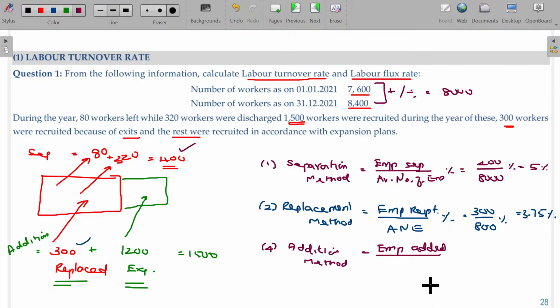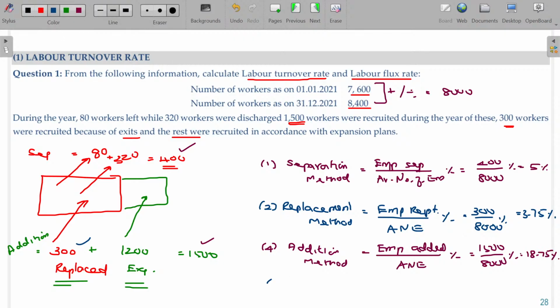Both the employees are going to be added in the numerator divided by average number of employees in percentage. The numerator value being 1,500 divided by average number of employees being 8,000, that you can represent in percentage. Sorry, this one being the 8,000. And what is the ultimate value? 18.75%.